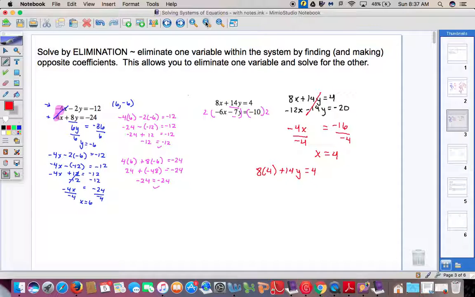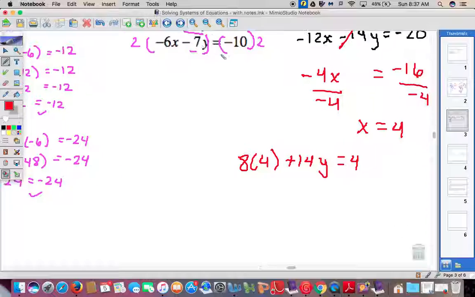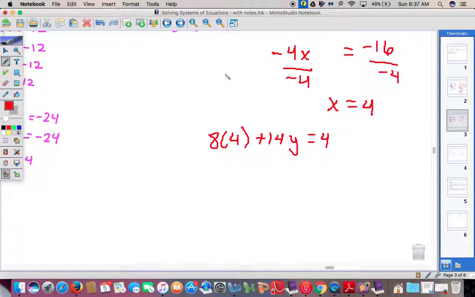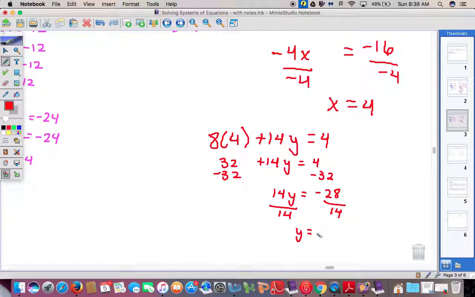I'm going to zoom in a little so I can use better handwriting. 8 times 4 is 32, so I have 32 plus 14y equals 4. I would subtract 32 from each side and get 14y equals negative 28. Then I would divide both sides by 14, so y equals negative 2. My solution for this system should be 4, negative 2.